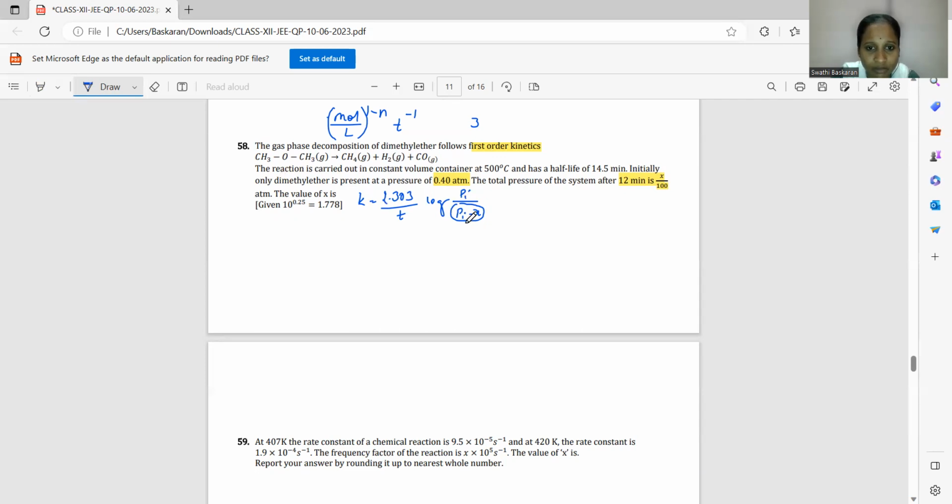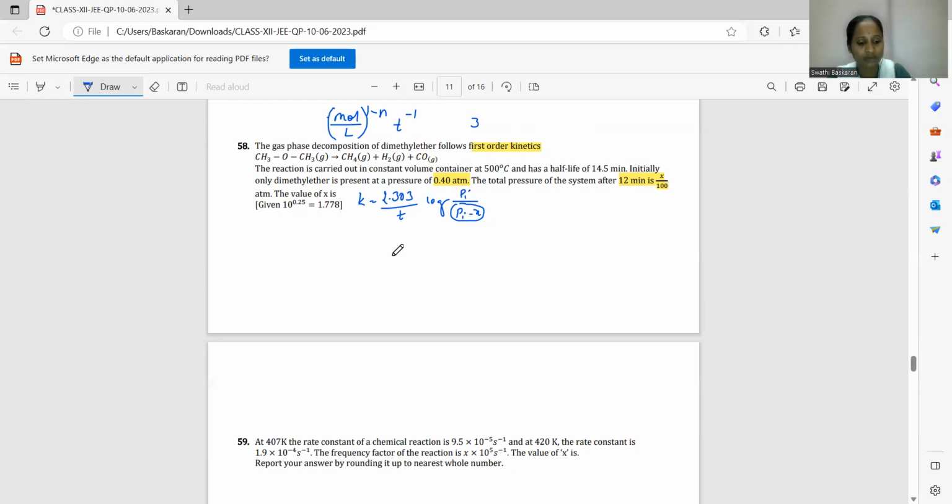So we need to determine what this Pi minus X is from the reaction given. Instead of taking dimethyl ether, I just take it as A B C because all the products are in the gaseous state, and we will determine what this Pi minus X is. Once it is determined, we will be able to find it directly.